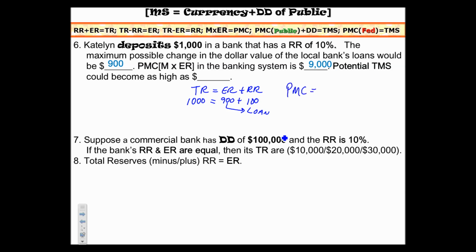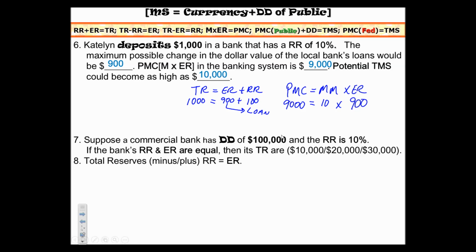Because PMC is our money multiplier times our excess reserves. This was 900. Money multiplier is 10 because it's 1 divided by 0.10. Therefore, in this case it is 9,000. And then for the total money supply, we just add Caitlin's original deposit to the PMC, and so we get 10,000.